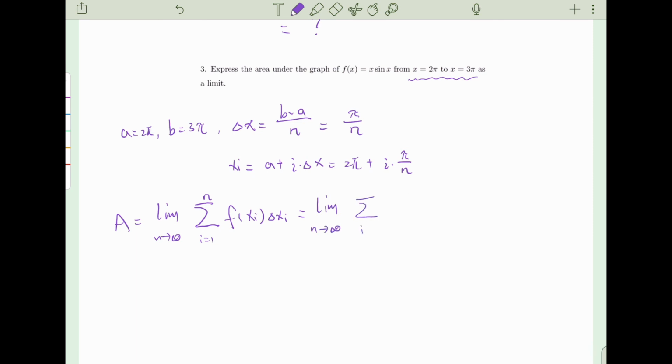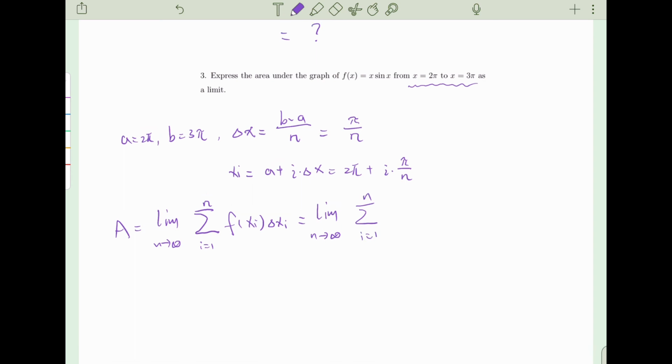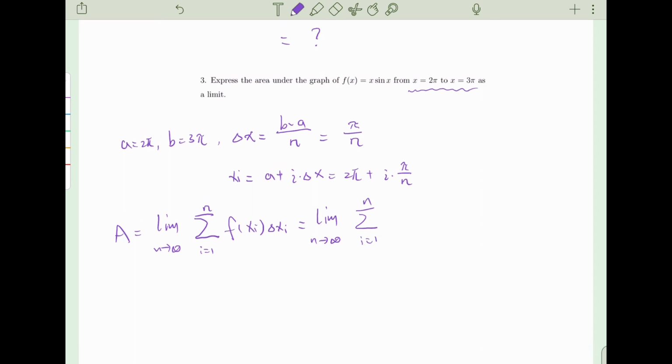Now I substitute everything into this expression. So I have f of x_i. I have my x_i here, right? My f of x is here. So that is this 2 pi plus i times pi over n, this thing times sine of 2 pi plus i pi over n. Right?